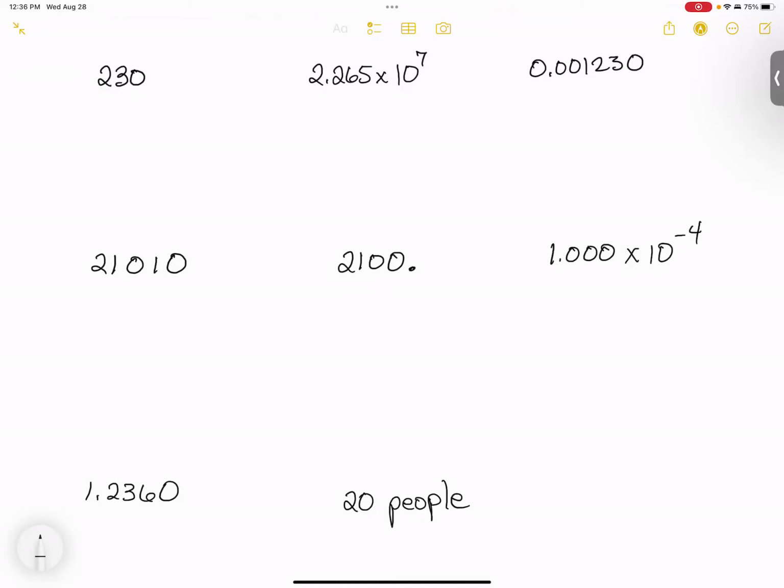Okay, so let's look at these answers. Apparently, I love the number 4. On this first one, the 2 and the 3 are significant, and I'm going to put SF instead of writing it out right now, because they're non-zeros.